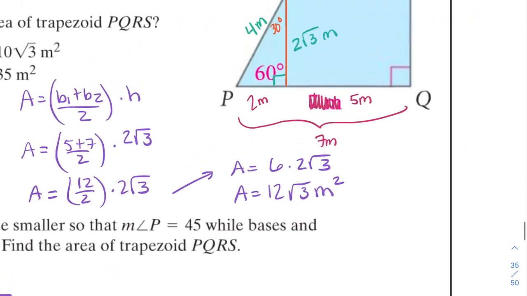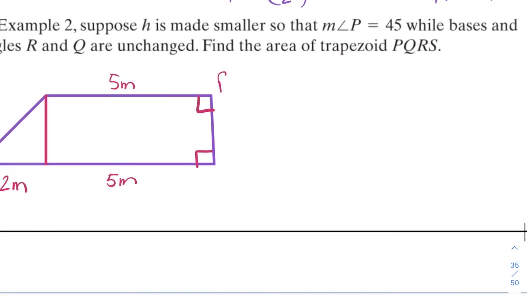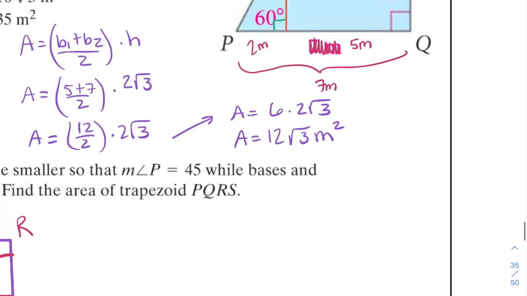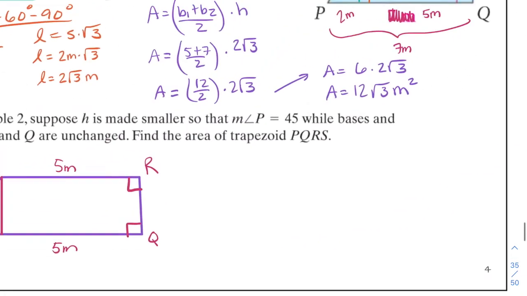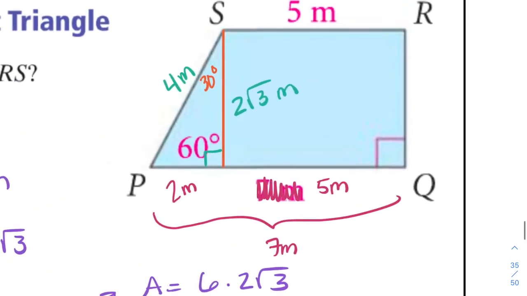It appears that everything is the way it is. So here's R, here's Q, here's P and S. Now what I did was I manipulated it, so I shrunk H down. Instead of this being a 30, 60, 90, this is going to come down to about here. This can be a 45, 45, 90.